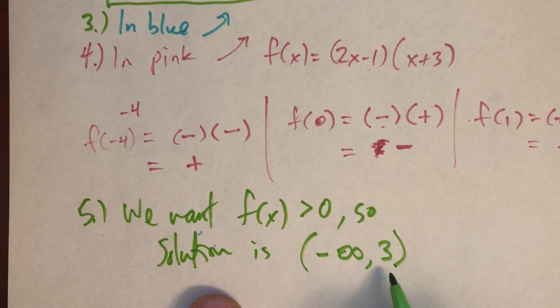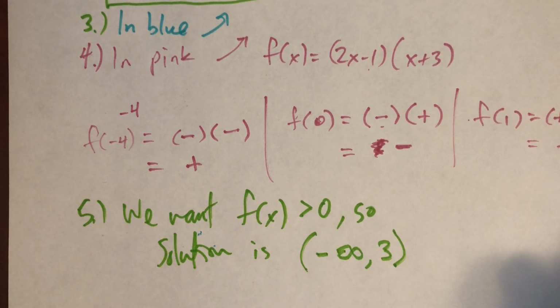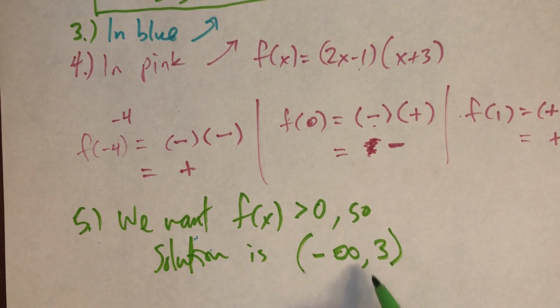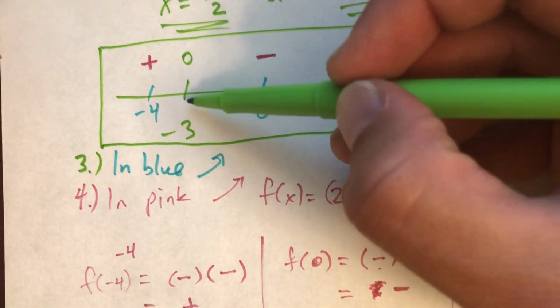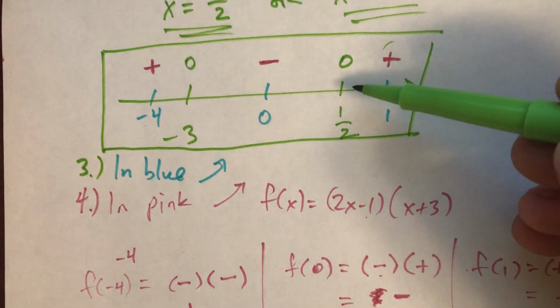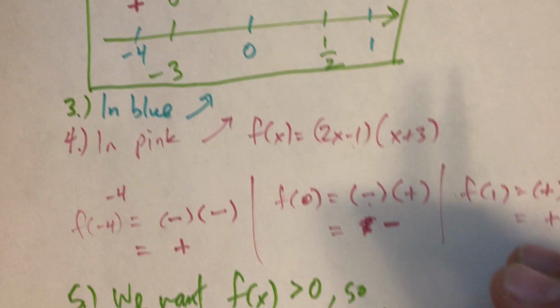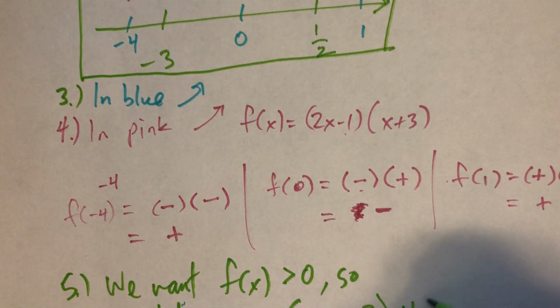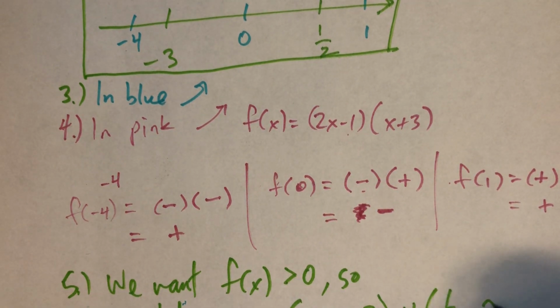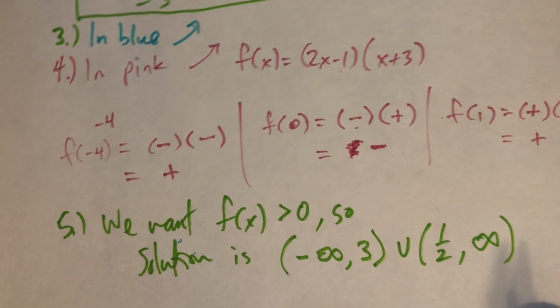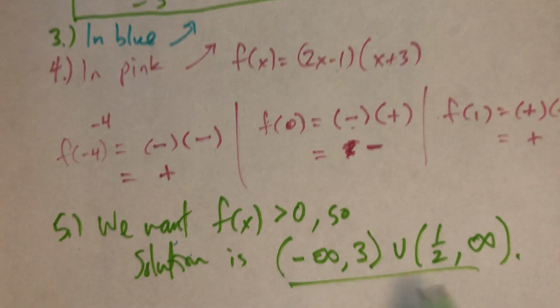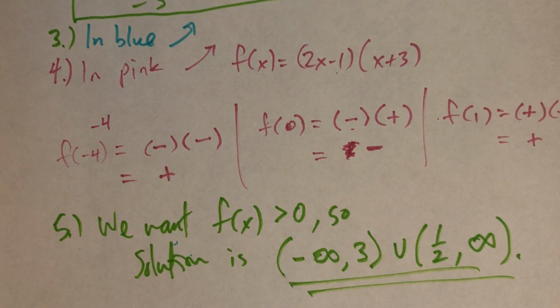And we don't include -3 here because it's strictly greater. We want it to be strictly greater, not equal to 0, but strictly greater. So we've got this interval, which is here, right? -3 and left. And we also want 1/2 and to the right. So we've got union 1/2 to infinity. All right, so there's our solution set, and we just followed all the steps.